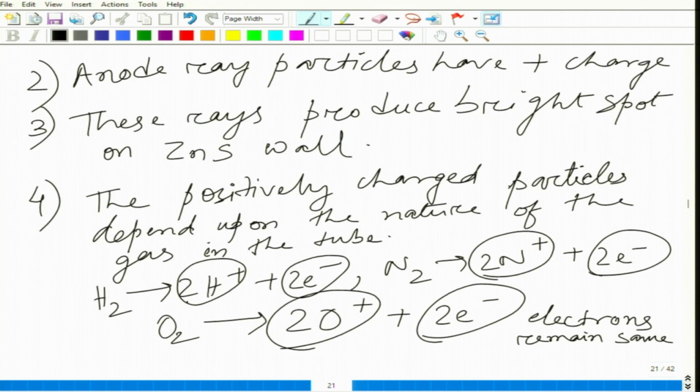We know that the mass numbers of hydrogen, nitrogen and oxygen are different. Their atomic numbers are also different, that we will study in the later sections, but for now we know that they are different gases. So, the positively charged particles that were formed in the anode ray tube were not exactly some particles, they were gaseous ions.